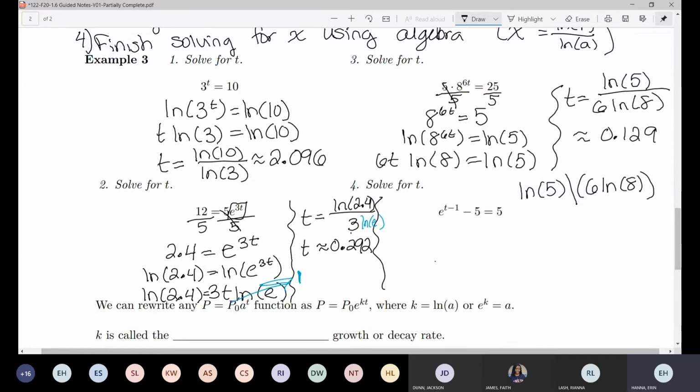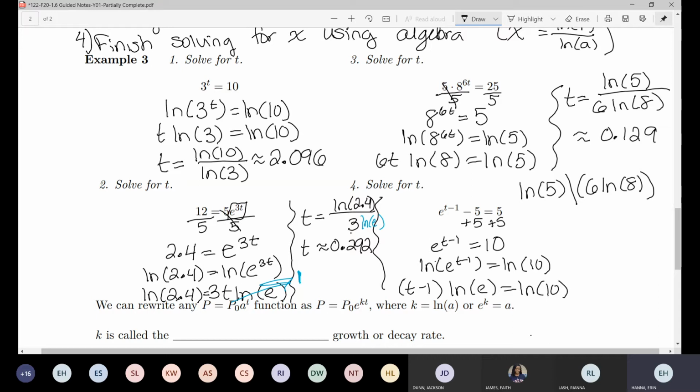And so for this last one, it's slightly different because we want to isolate the e to the t minus 1, but now we have subtraction instead of multiplication, so we're going to have to add 5 to both sides first to isolate that exponential term. Take the natural log of both sides. Bring the entire power out. Now, since that has subtraction in it, put it in parentheses. In this case, it doesn't quite matter because the natural log of e is 1, so that kind of goes away.